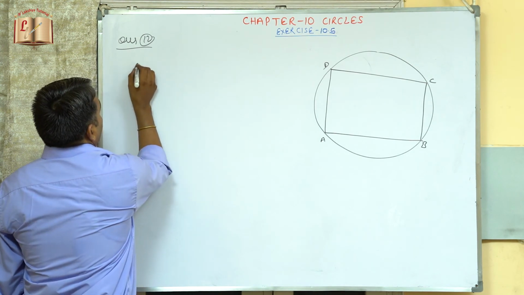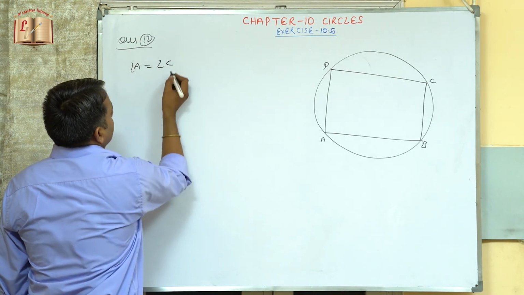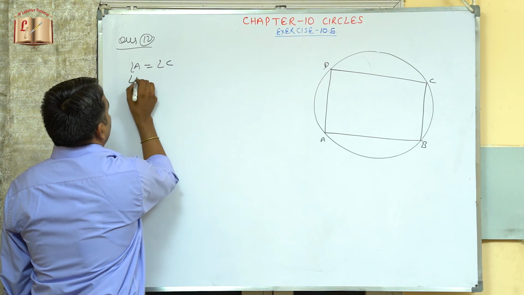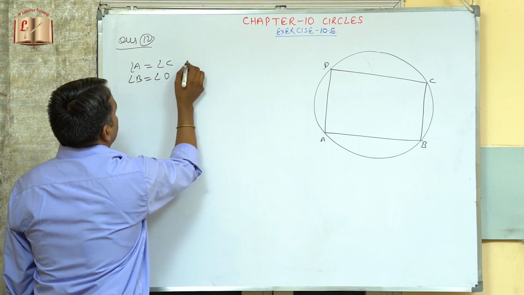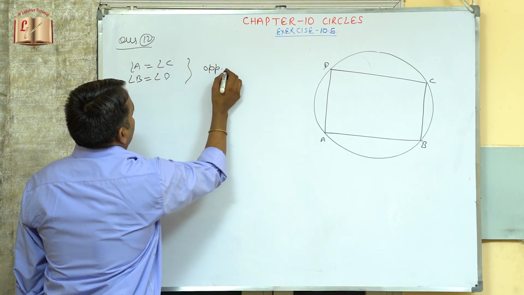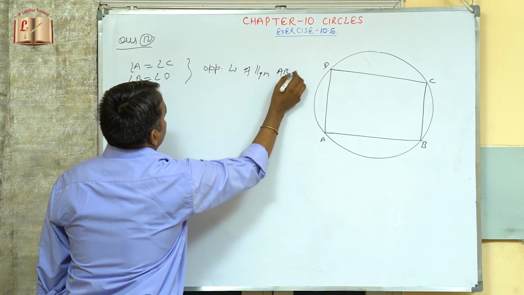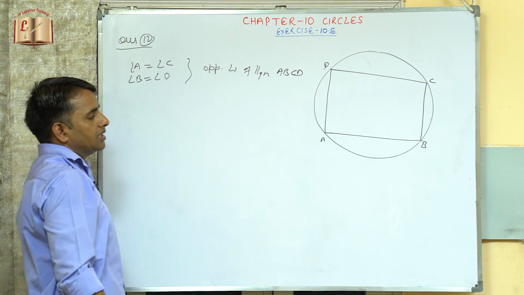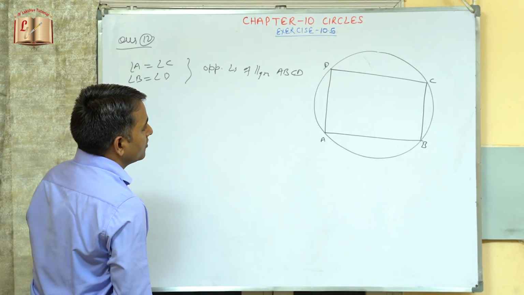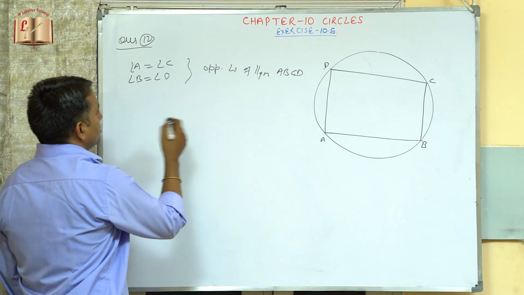Now we know that angle A will be equal to angle C and angle B will be equal to angle D because these are the opposite angles of parallelogram ABCD. So opposite angles of a parallelogram are equal, and this is also cyclic.